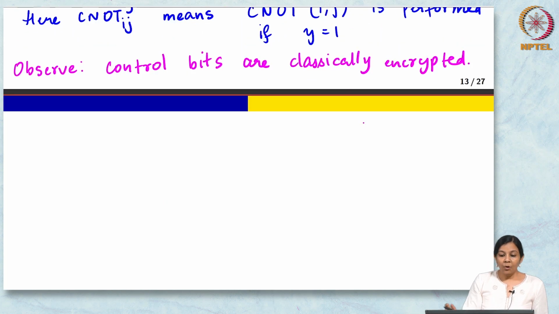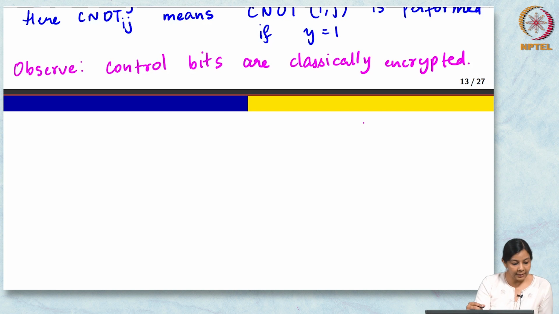Okay. So, it turns out because of this that in order to support encrypted Toffoli computation, it actually suffices to support encrypted C naught computation. Okay.